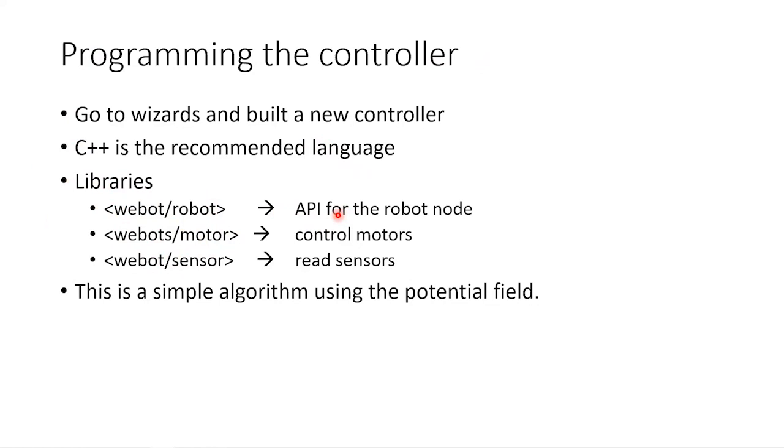This API is used to ask for the robot's data, the details about the robot. The API is the place where all the data is available. We also want to import the motor library, which is mainly used to control motors, and a sensor library, which is used to read sensors and get our readings.